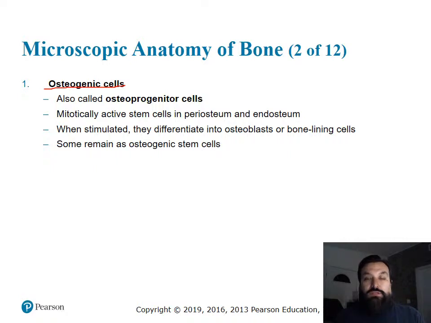When they're stimulated to undergo cell division, they will turn into many different types of those other cells on the list, especially osteoblasts and bone lining cells, both of which are really important for maintaining bone tissue. Now, some of them turn into those, and then there are some that are reserved that stay as stem cells for the next time they get stimulated.